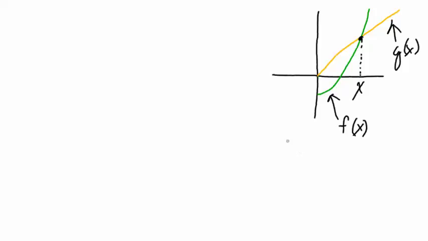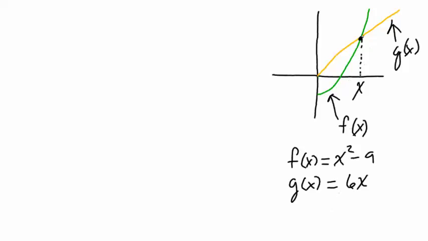The way you do that is actually pretty simple. We have f of x equals x squared minus 9, and g of x is equal to 6x.